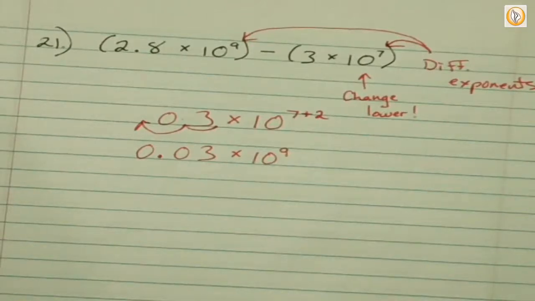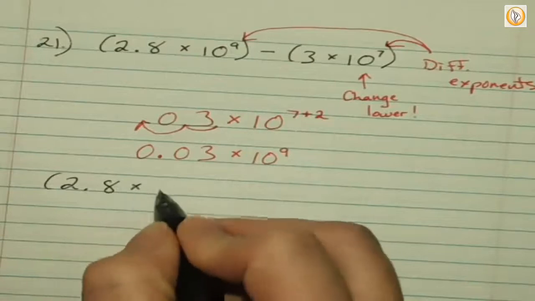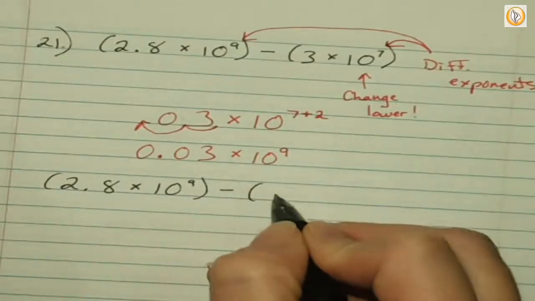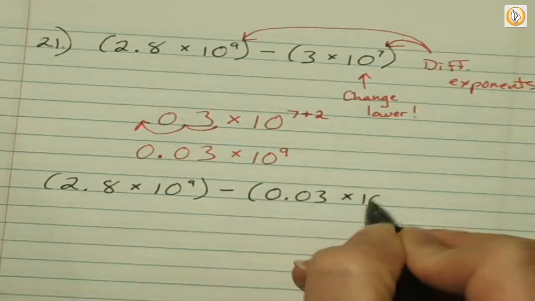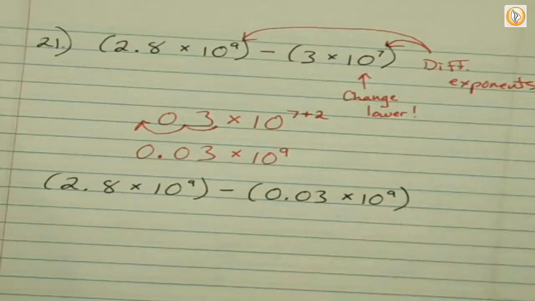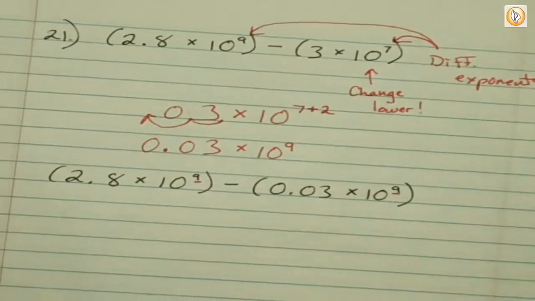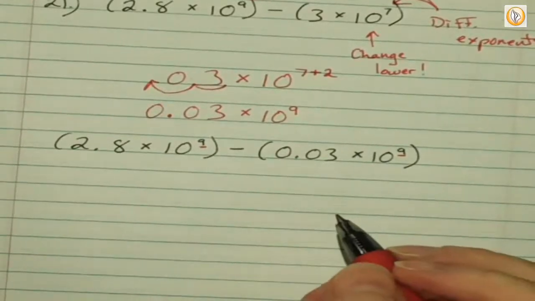Okay, now I'm going to rewrite my problem with my new number, 2.8 times 10 to the 9th minus 0.03 times 10 to the 9th. Our exponents are the same, our powers of 10. Now, Franz, what do I do?